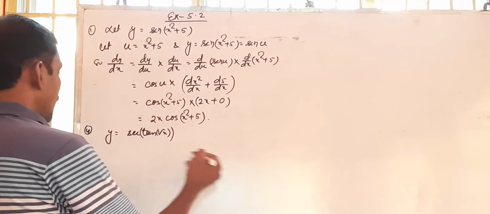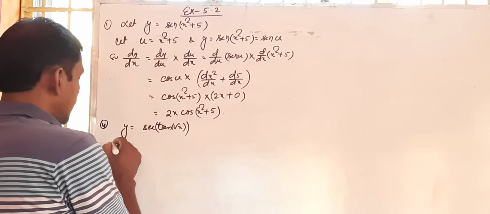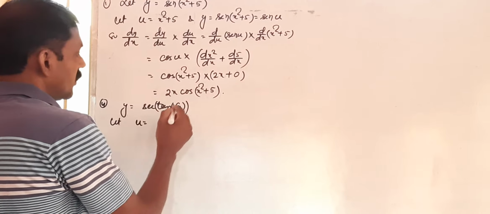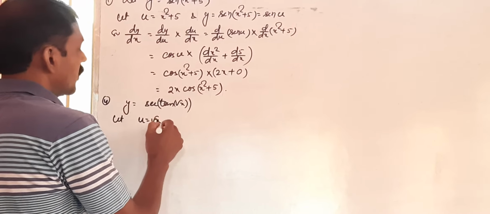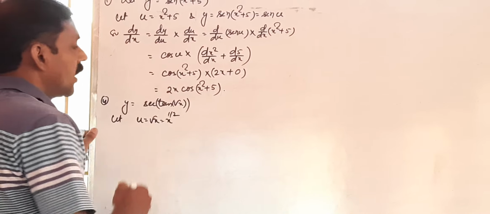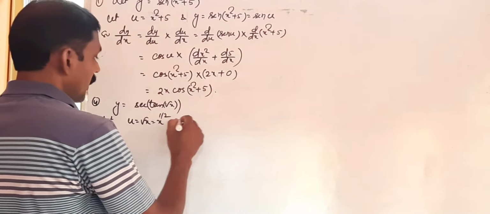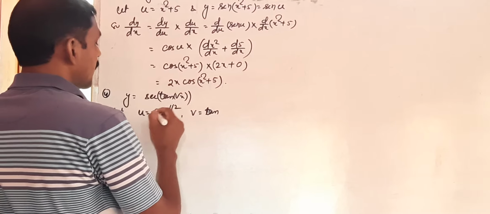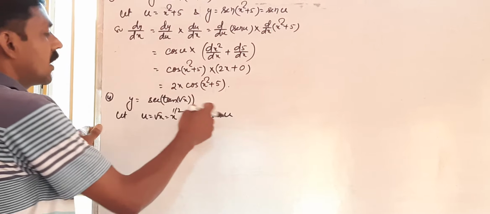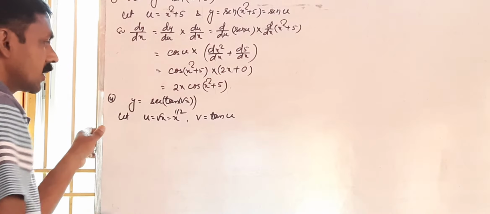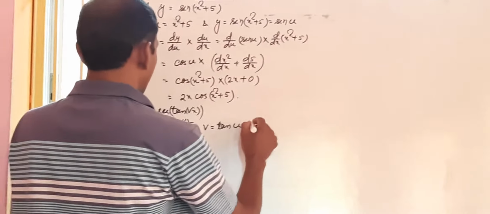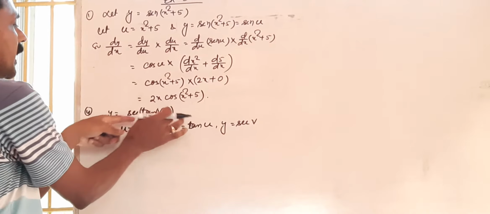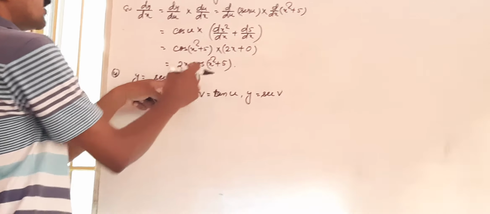So here first we write u equal to root x, that is x to the power 1 by 2. Then v equal to tan root x. I am writing this directly because you have already learned the derivative of tan. And y is equal to sec v, because it is sec of tan root x.